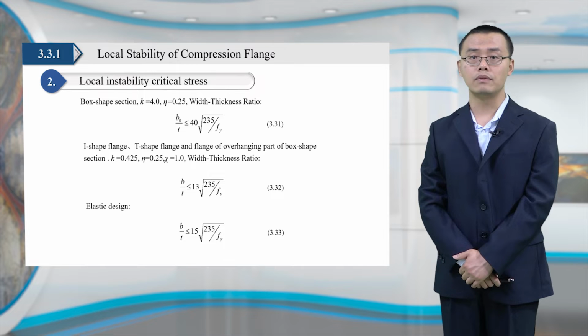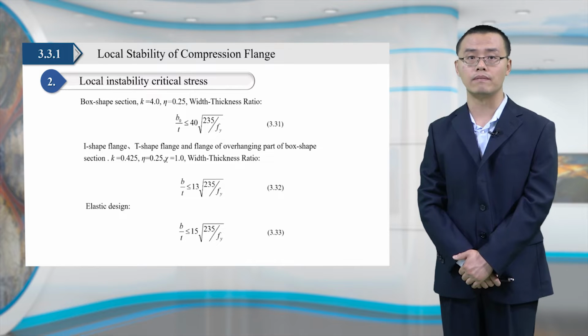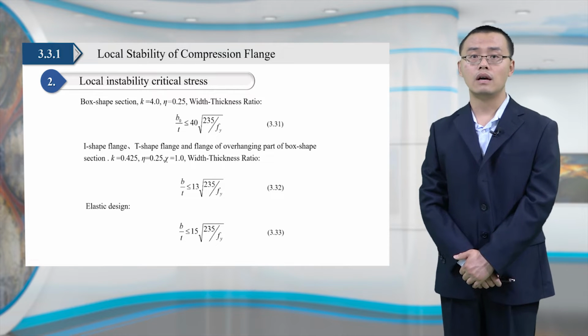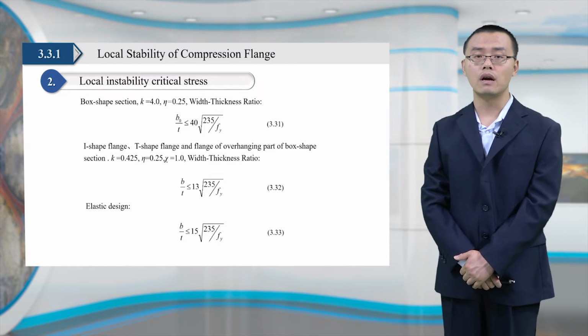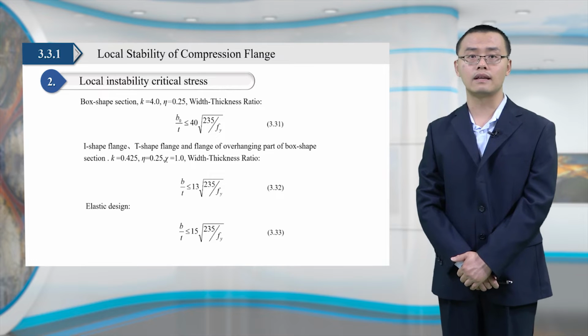For I-shape flange, T-shape flange, and the flange of the overhanging part of the box-shaped section, K equals 0.425, eta equals 0.25, C equals 1. The width-thickness ratio could be expressed as the following 3.32. In elastic design, the width-thickness ratio could be expressed as the following 3.33.